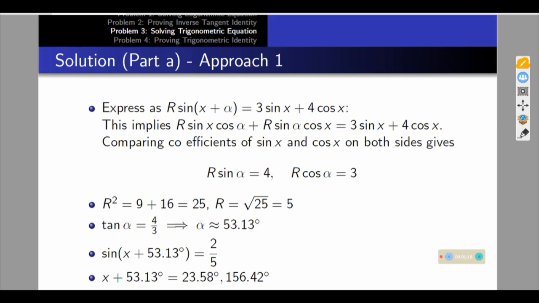If we express 3 sine of x plus 4 cos of x in terms of this, we shall need to expand sine of x plus alpha. Then we equate the coefficients on both sides.